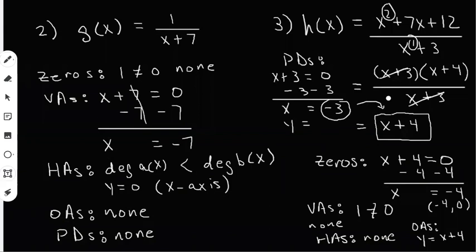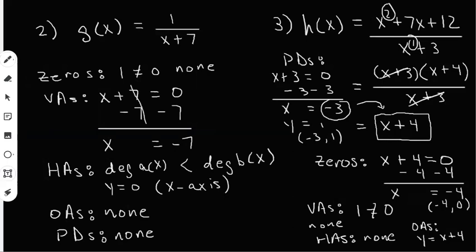So what happens when x is -3? I get -3 plus 4 because I'm replacing this x with a -3. -3 plus 4, that's going to give you +1. So we get the point (-3, 1). That's our point discontinuity, (-3, 1).